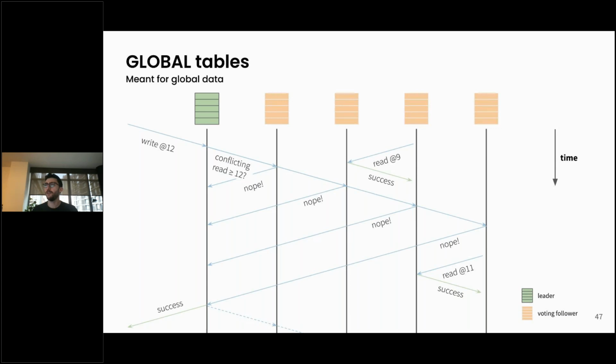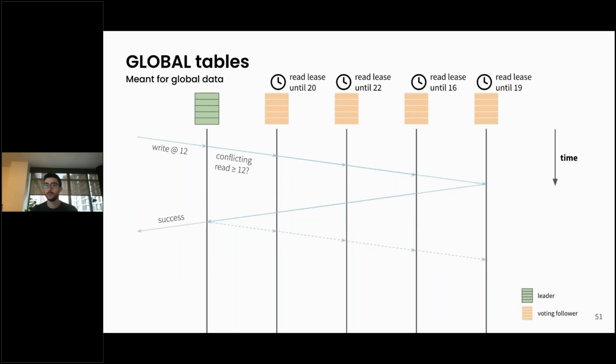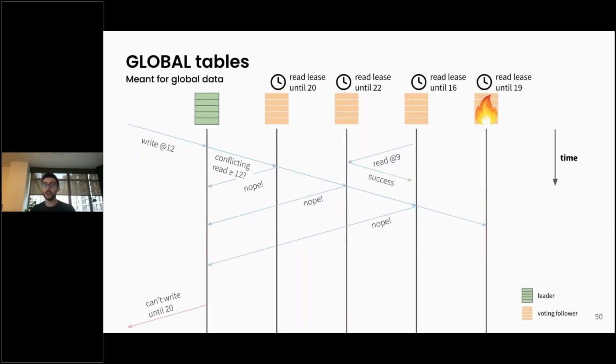So maybe we give every replica a read lease, and we periodically extend them. And so a partitioned follower can only serve reads up to some maximum MVCC timestamp. This means that if a replica disappears, we're only unavailable to serve writes for some limited period of time, really until this lease expires.